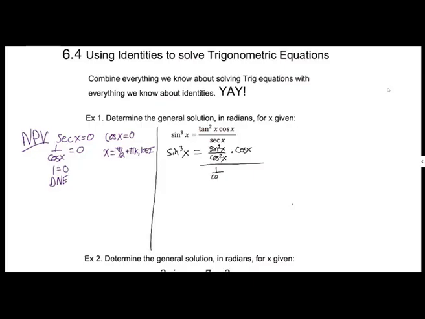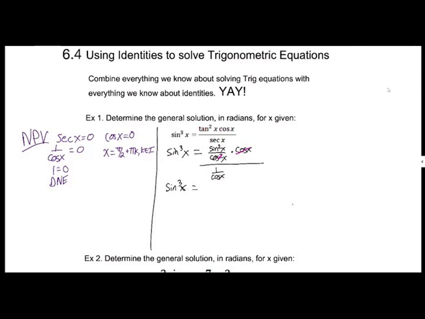Secant is 1 over cos of x. So as I start simplifying things, they can actually simplify very nicely for me. In the numerator, we can probably see that one of those cosines is going to cancel. But if I look now at the fraction I have in the numerator and the fraction I have in the denominator, both of those fractions have cos of x, right?